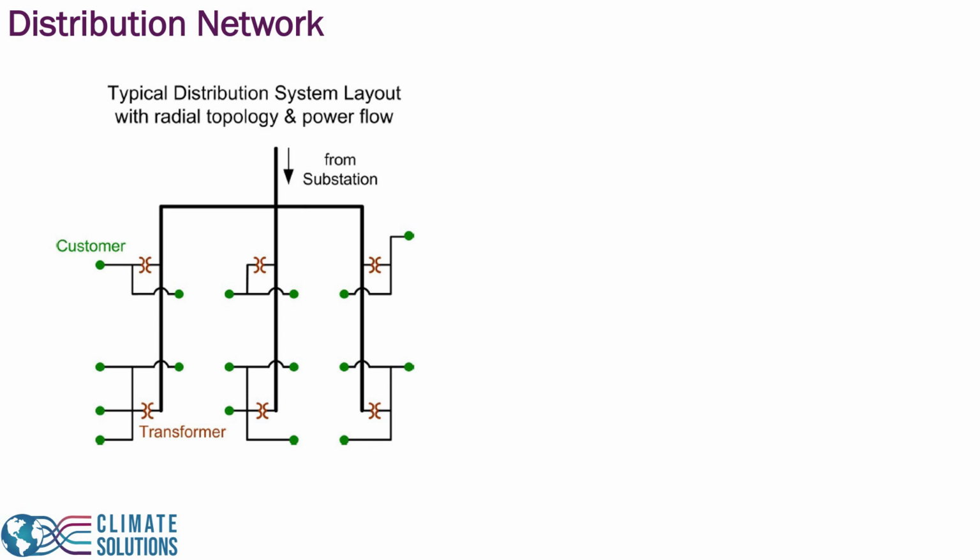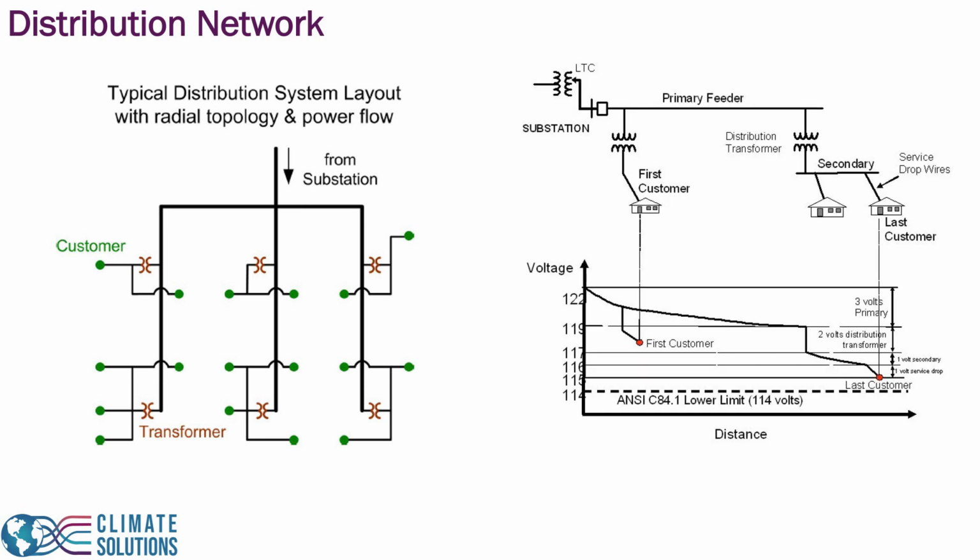So the utility has to maintain this distribution network by utilizing equipment that ensures all these voltage magnitudes stay in acceptable ranges. You can see here on the panel on the right-hand side of the slide that customers that are very close to the substation, which is the connection point to the transmission grid, tend to have higher voltages, and customers that are very far from the substation tend to have lower voltages, because as the current flows, every time it flows through the line, there is a drop in the voltage.